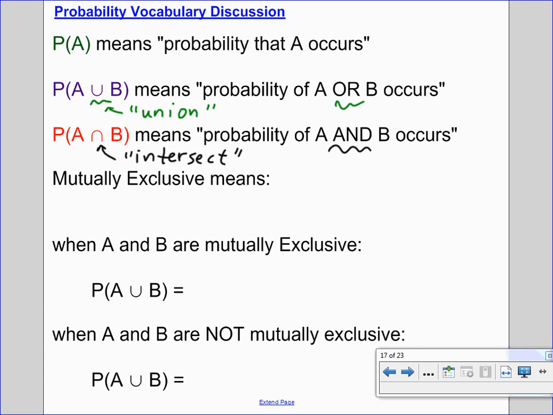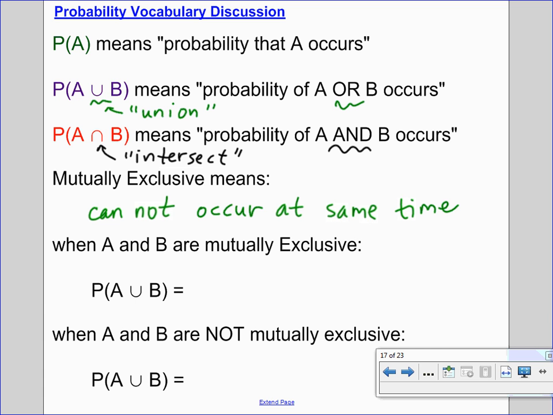Mutually exclusive means cannot occur at the same time. A student can't be a sophomore and a senior at the same time. When A and B are mutually exclusive, to calculate the probability that A or B occurs is easy.